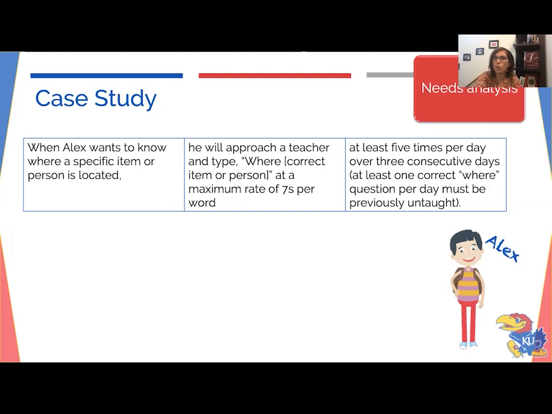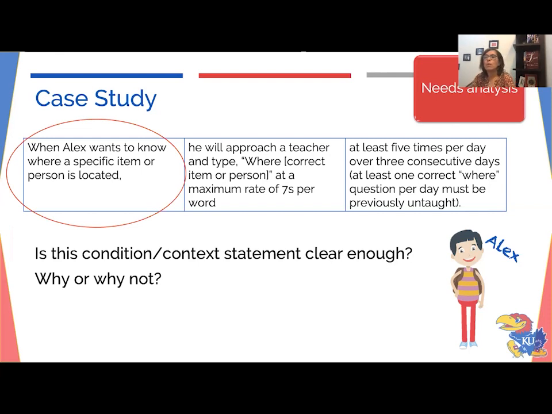Okay, and so you determine whether the team's condition or context statement is clear enough. When Alex wants to know where a specific item or person is located, is this clear enough? Why or why not?